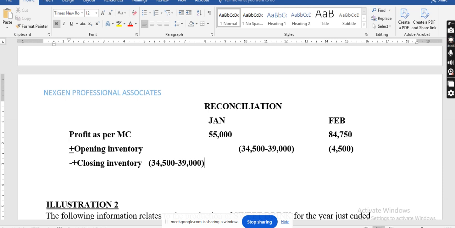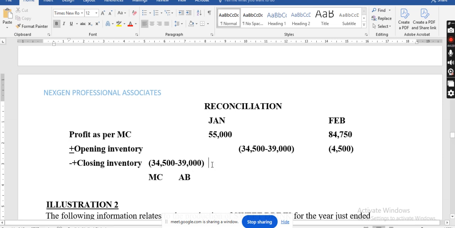Now, you can see that 34,500 is marginal. 39,000 naira is absorption. Now, the law says that if, let me put it, 34,500, this is MC, right? MC. This is AB, which is absorption costing.